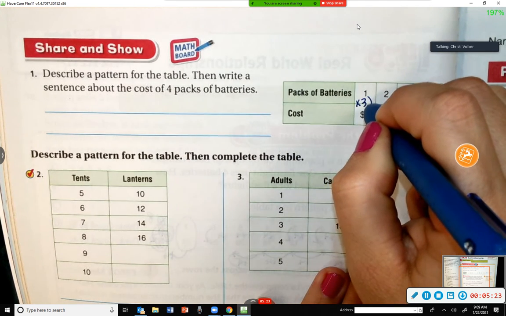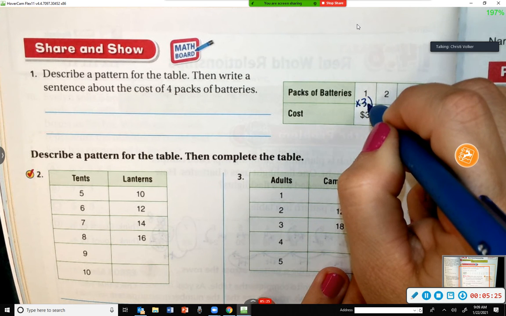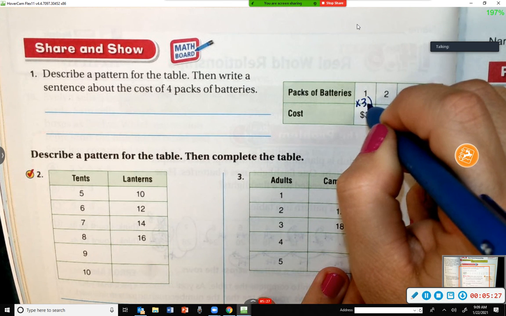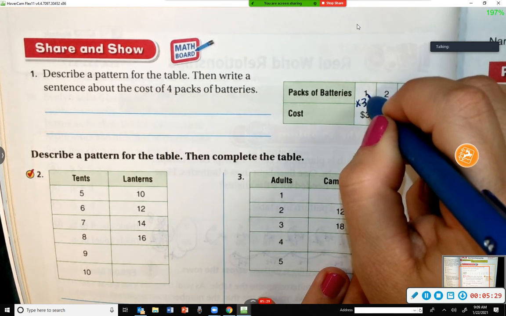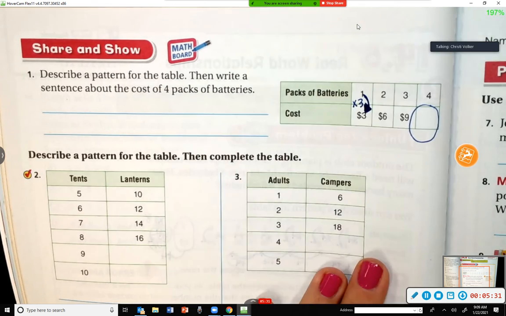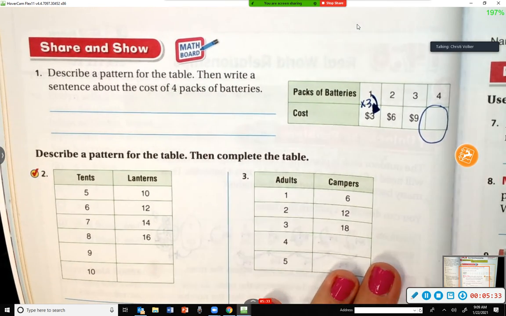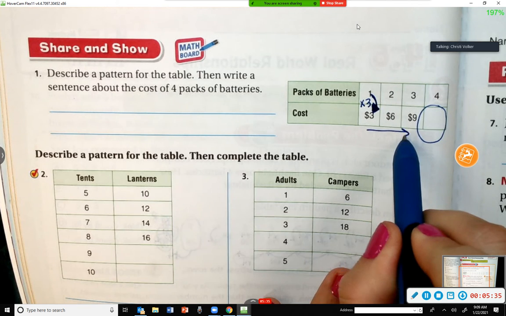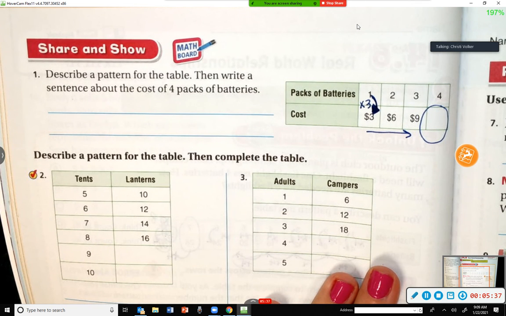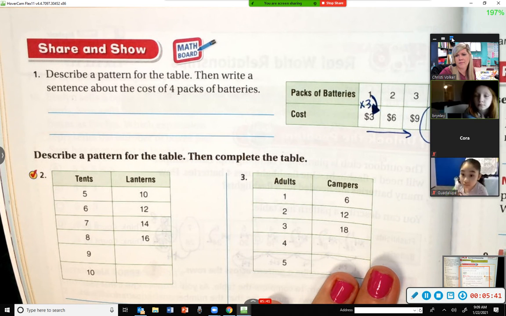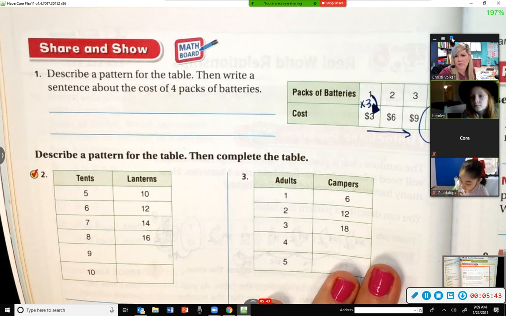Okay. Cora, I saw your hand go up. What were you going to say? Same thing? Yes, same thing. Okay. Can you see another pattern though if we were going across?